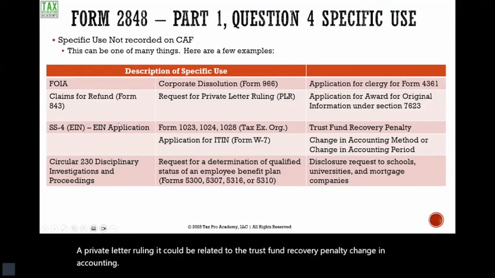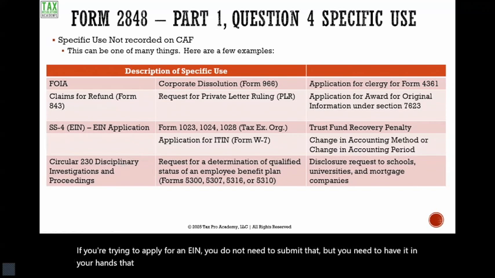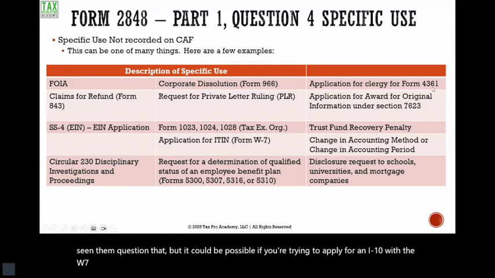If you're trying to apply for an EIN, you do not need to submit that, but you need to have it in your hands that you have the authority from the taxpayer. If they ever question it, I've never seen them question that, but it could be possible. The same applies if you're applying for an ITIN with the W-7, or the 4361 for clergy for the exemption from paying the self-employment tax. These are all some of the examples that you could use there.